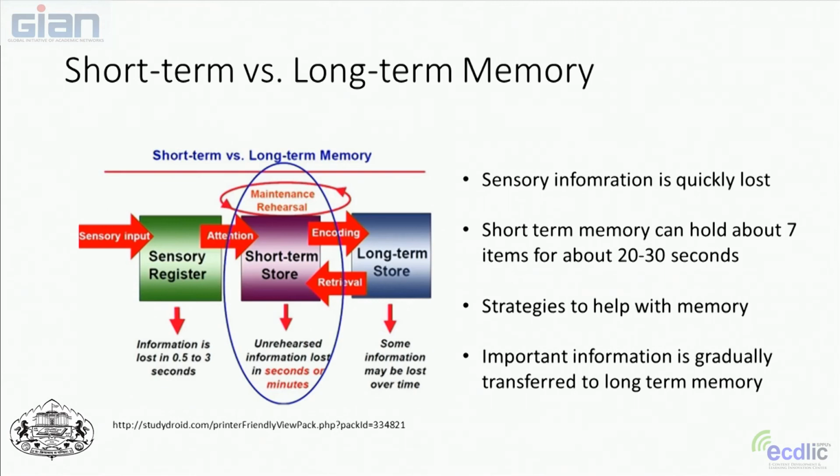There's certain strategies you could try to use to help you remember things. When I taught in college, I showed these strategies, and I have them here today, but I think we're going to probably talk about them when we talk more about memory systems, since we're getting to the end of our time together today. So important information is gradually transferred to long-term memory systems in our brain.